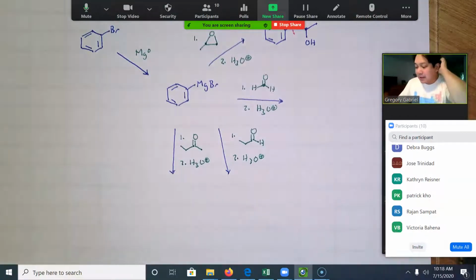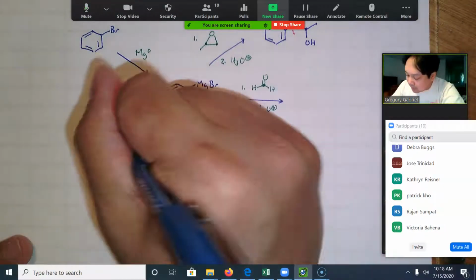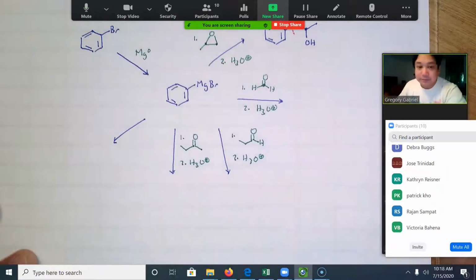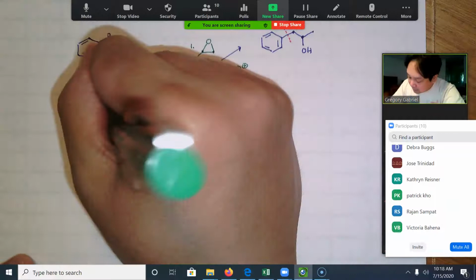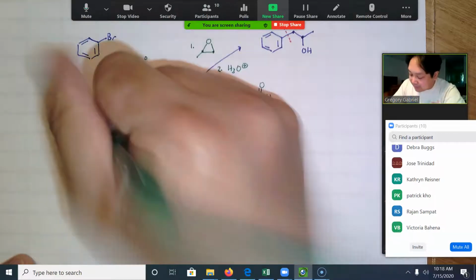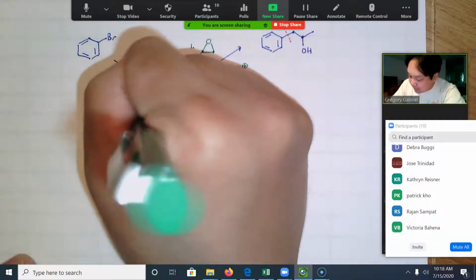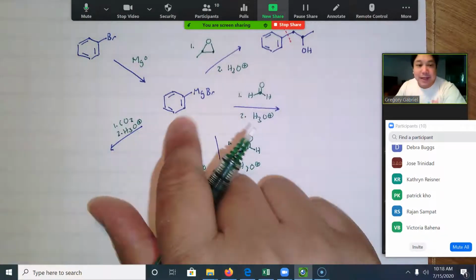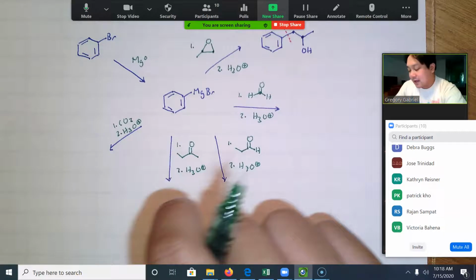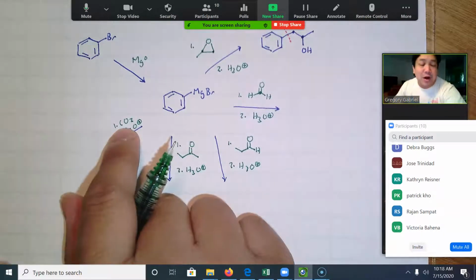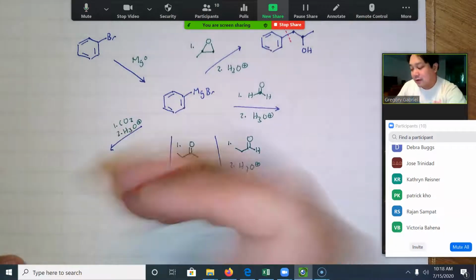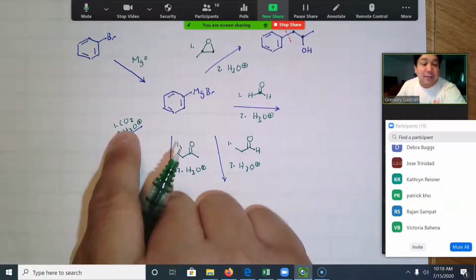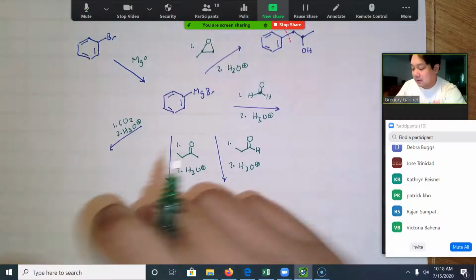What was the last one? The last one was, I do want to talk about this a little bit, carbon dioxide. Dry ice. The beauty of using dry ice to make the carboxylic acid is that you could put as much dry ice as you want to try to drive Le Chatelier to the product, and then any excess carbon dioxide just disappears.